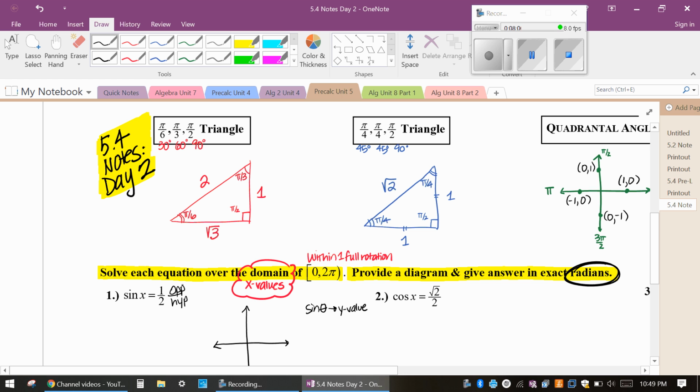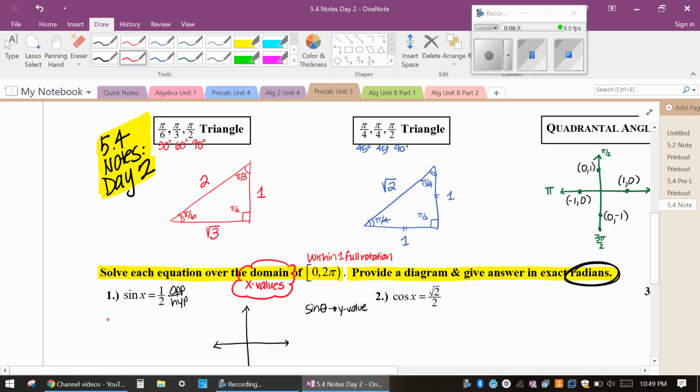Can I obtain opposite over hypotenuse of 1/2 from a 30, 60, 90? Yes, if I use pi over 6, which is your 30 degrees. So sine of pi over 6 is opposite over hypotenuse, which would be 1/2. So my reference angle is pi over 6. I like to write that down.